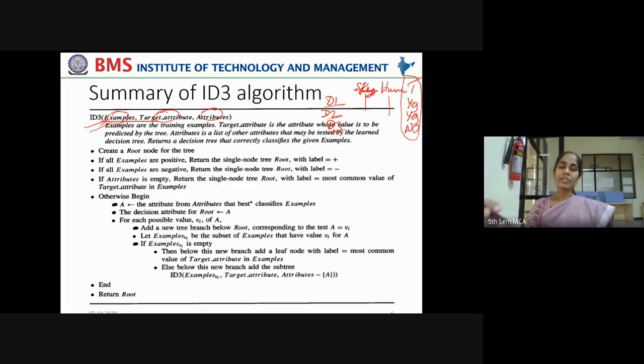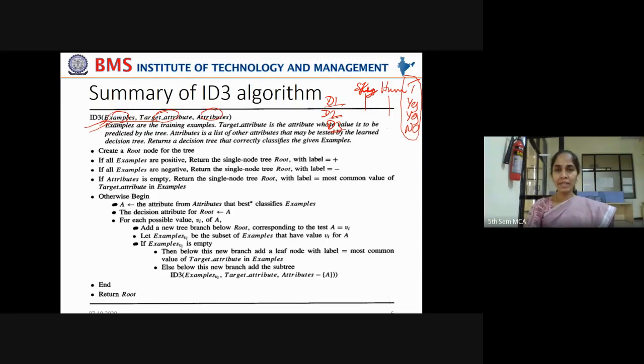Now the machine tries to learn from this data, and whenever a new data point is given, say on this day the sky is cloudy and the humidity is very high, then the decision tree will be used by the machine to predict whether the game will be played on that day or not. A tennis game or a cricket game, that will be predicted.